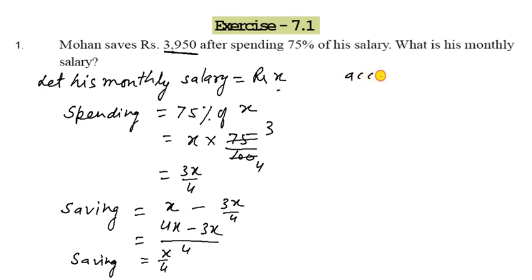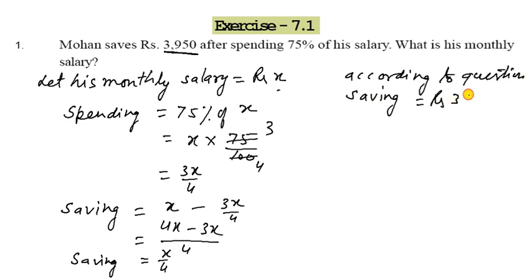But according to the question, saving is given. Saving is equal to rupees how much? It is given 3950. So you can equate. So x by 4 is equal to 3950. So x is equal to 3950 into 4.